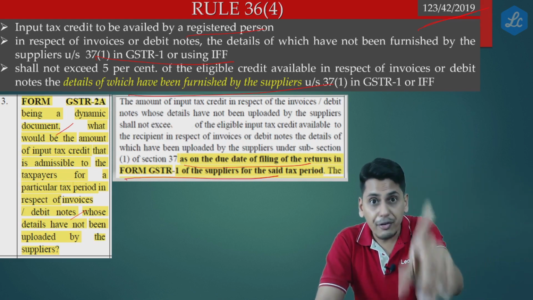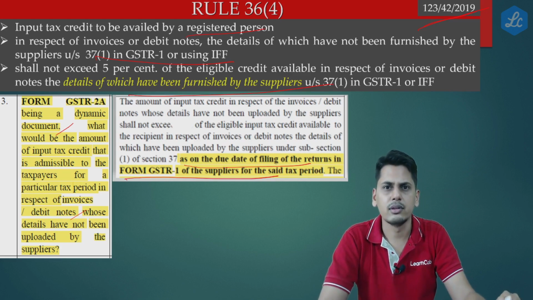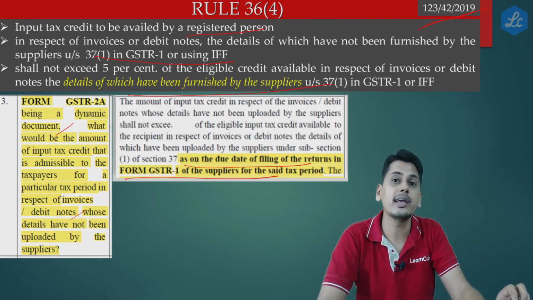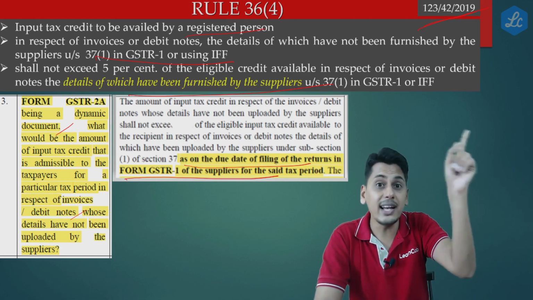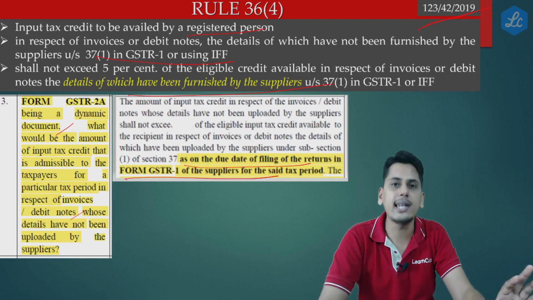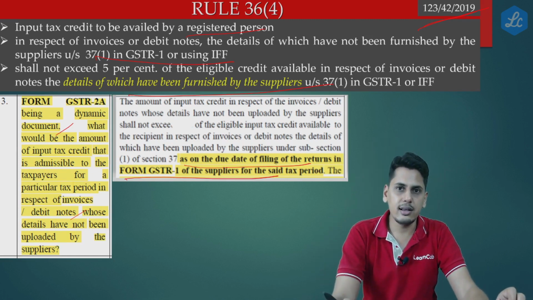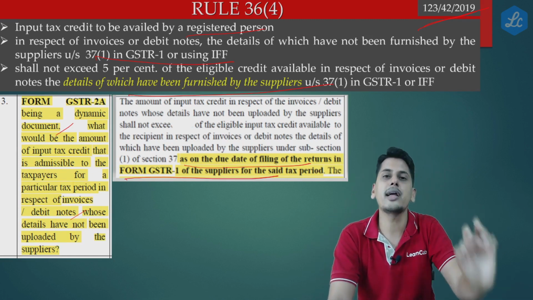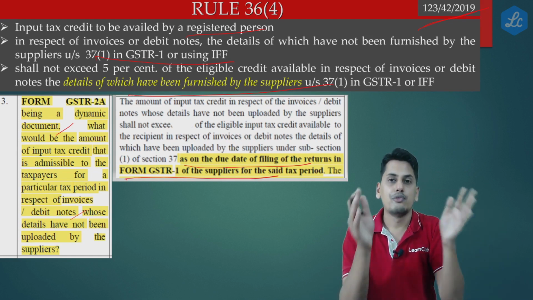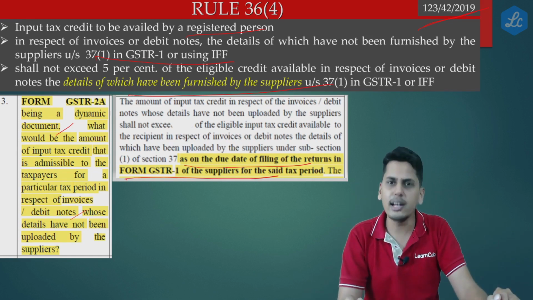If it is not filed within the due date, I am not in a position to take it fully. Does it mean I'll never be in a position to take it? The answer is no. If it is filed after the due date, I can take it in the subsequent tax period. Friends, please understand, if a supplier is filing his GSTR-1 and including my invoice within the due date, for the tax period to which this invoice pertains, I will be able to take the credit fully.